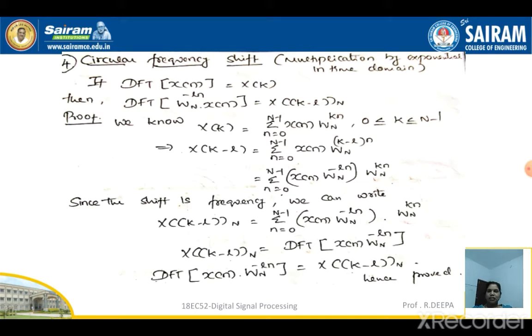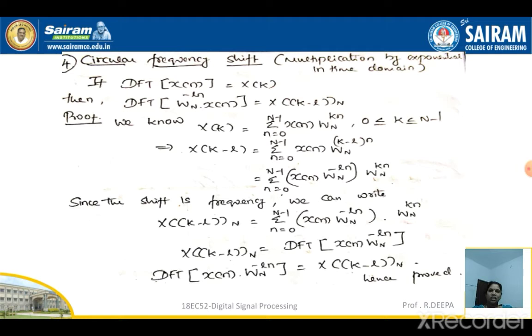If you see the statement, instead of x of n, we have multiplied x of n with an exponential component, that is W_N power of minus ln. As we know, W_N is nothing but e power of minus j 2 pi by N. That is, x of n is multiplied by an exponential term, that too in the time domain sequence.